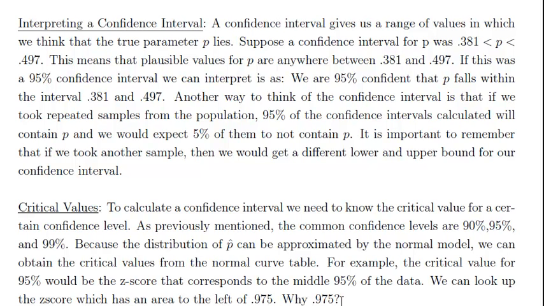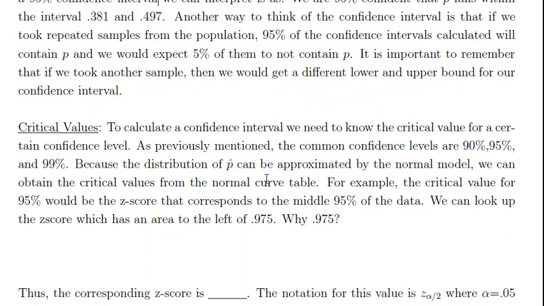And suppose we have a confidence interval for P that goes between 0.381 and 0.497. And suppose this is what we call a 95% confidence interval. We could say that we're 95% confident that P falls within that interval, so between 0.381 and 0.497.